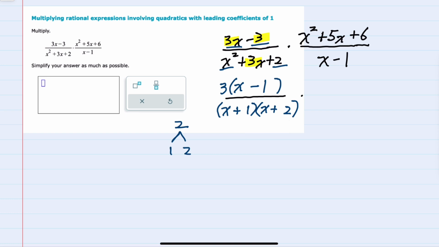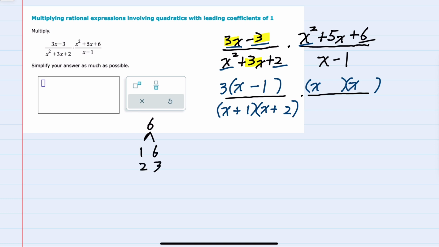And from here, I'll turn to the second rational expression. In the numerator, I again have a trinomial with leading coefficient of 1. So the only factors of x squared are x and x. And for the last term, I look at the factors of 6, which can be 1 and 6 or 2 and 3.